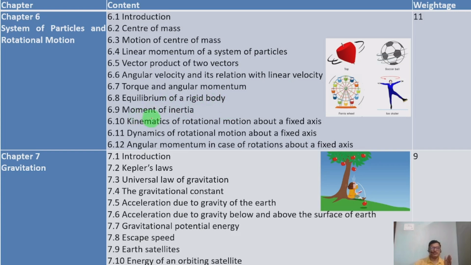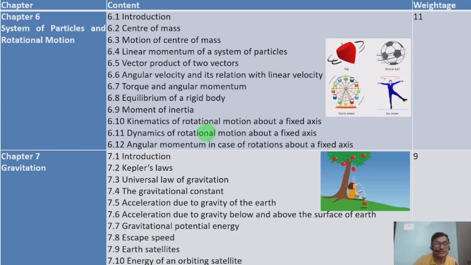Then 6.9 moment of inertia. That is also called rotational inertia, the resistance to rotation that it will have. 6.10 kinematics of rotational motion about a fixed axis. Here, when the rotational motion is taking place, what parameters are changing, those we are going to study here. But the causes for the rotation we are not going to consider.